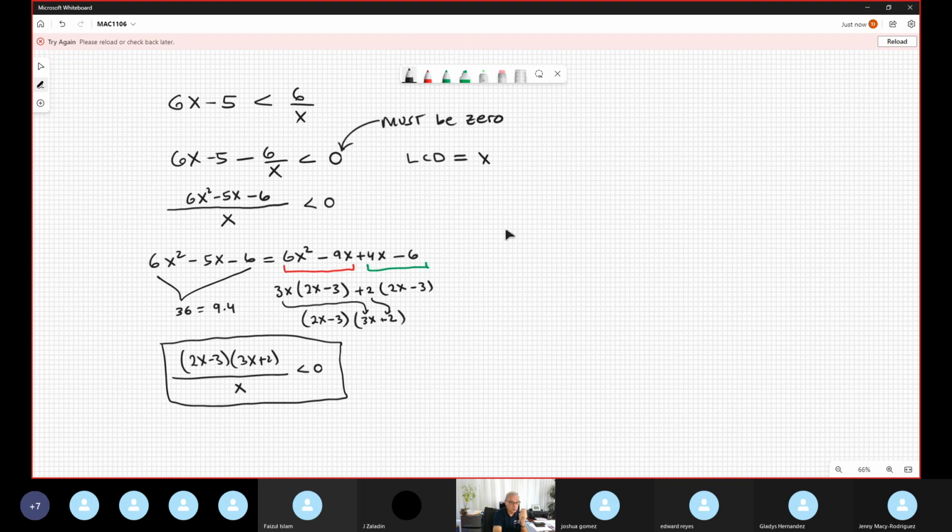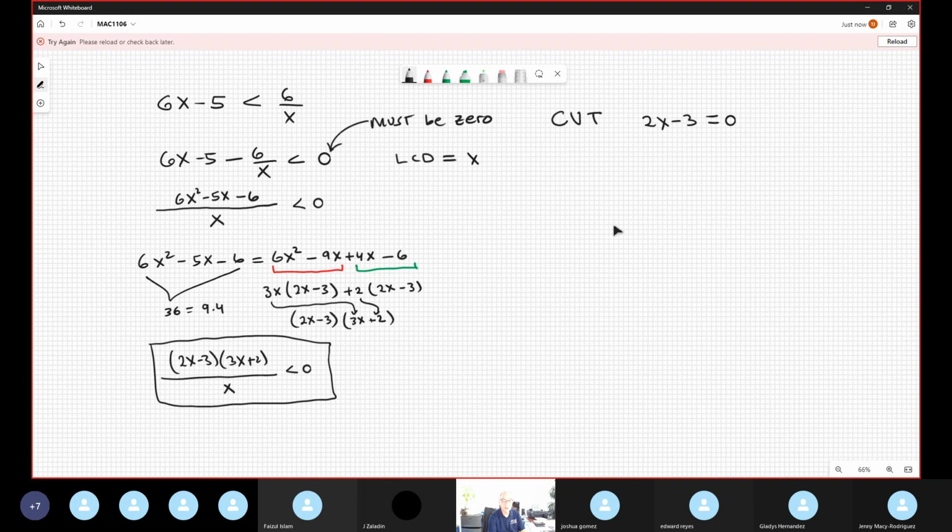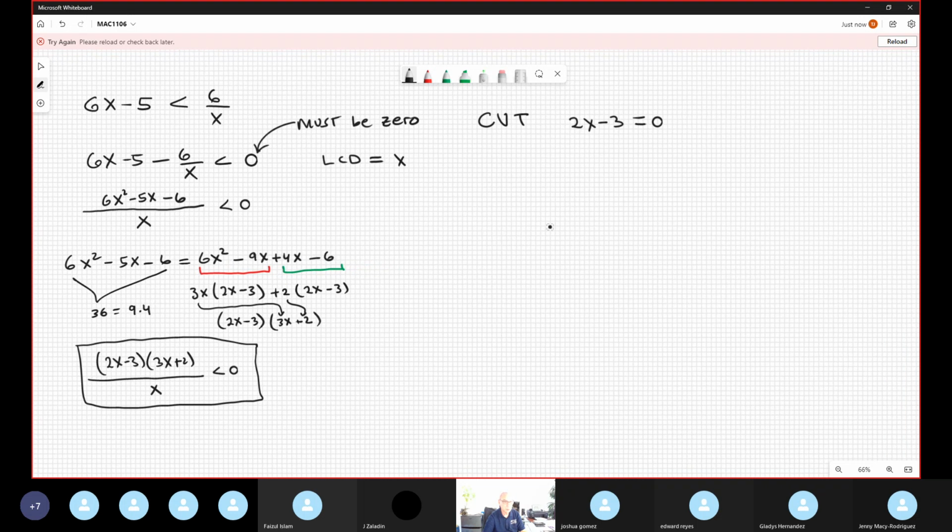Okay, now you compute the critical values of the top, which means you take 2x minus 3 equals 0 and 3x plus 2 equals 0. You solve these two linear equations, super easy. 2x equals positive 3, so x equals 3 halves. The first critical value is 3 halves, 1.5 in decimal.